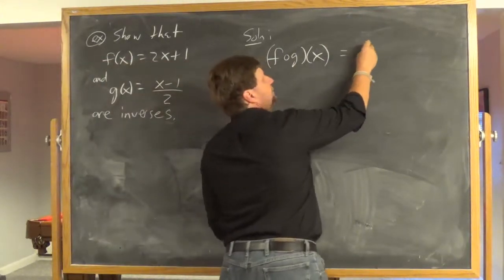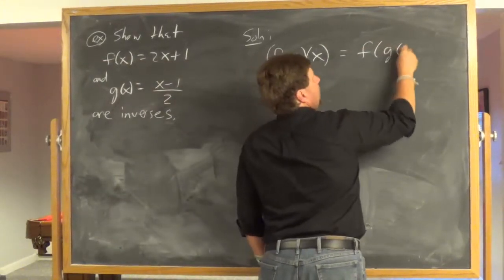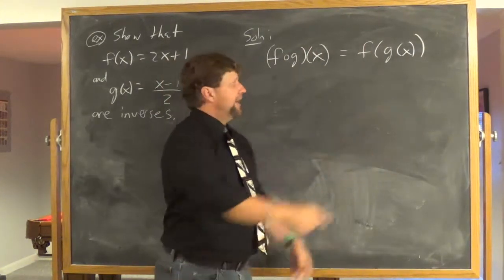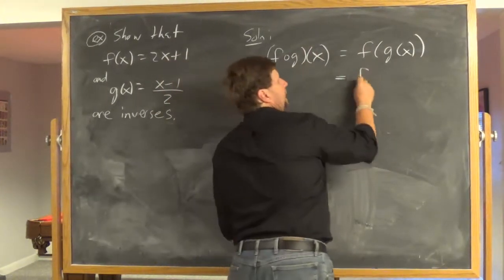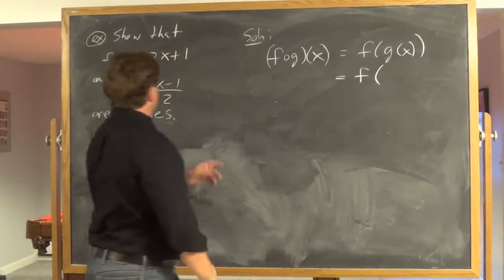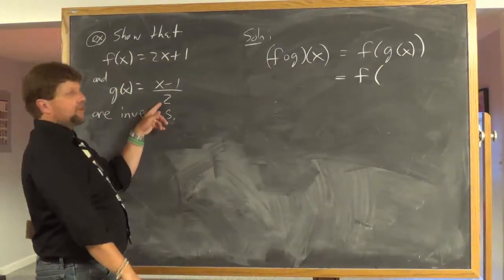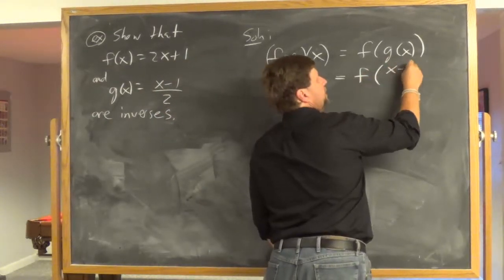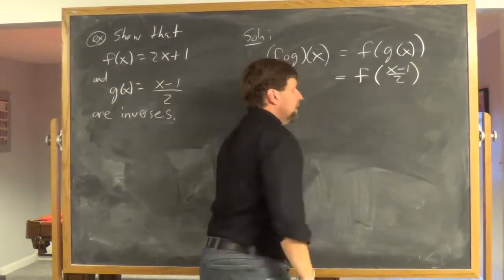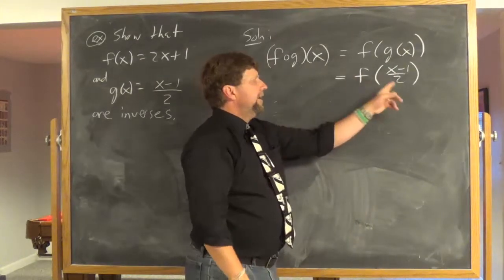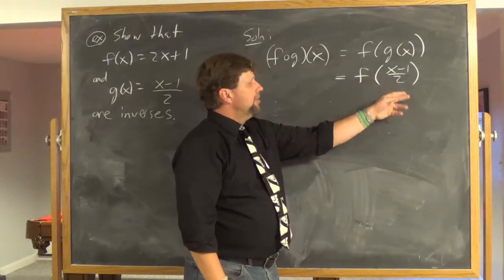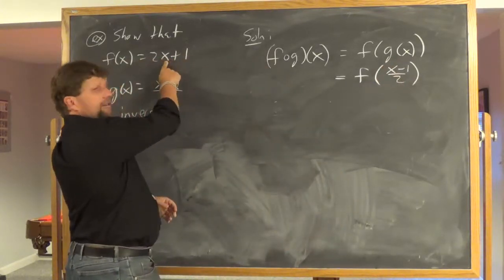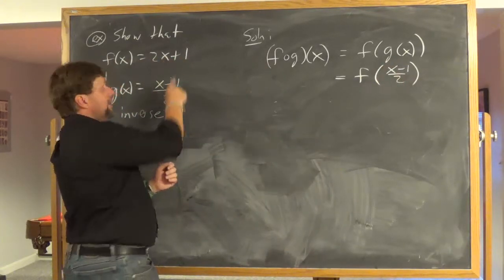So here we go, f of g of x. Well, we know to rewrite f of g of x as f of g of x. And g of x, here it is, it's x minus 1 over 2. So we put x minus 1 over 2 in here for g of x. Now to determine f of x minus 1 over 2, we take x minus 1 over 2 and toss it into function f wherever we see an x.